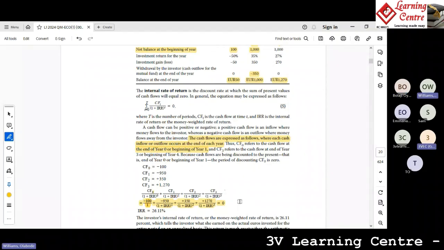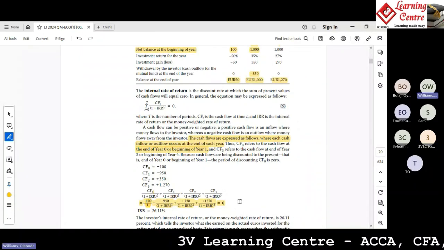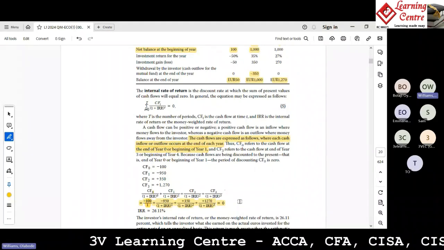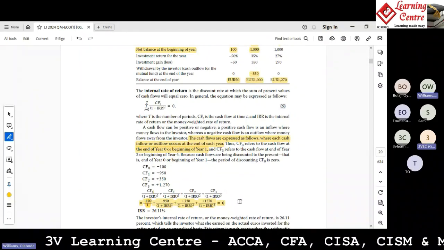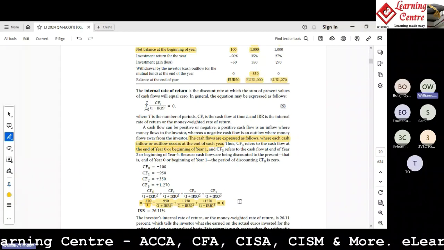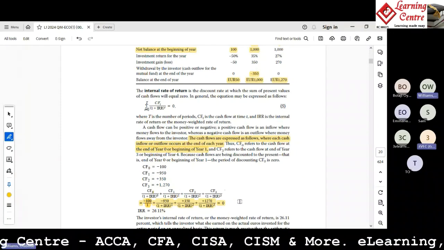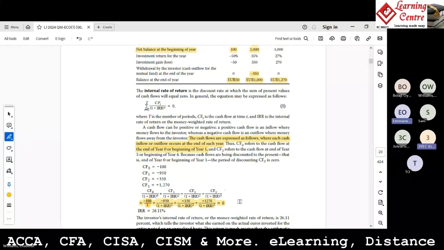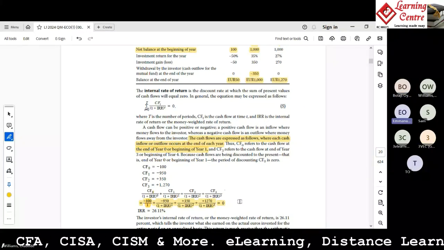Now that's 279 into bracket 30 minus 10. So you do 30 minus 10 in bracket beside 279. That is the numerator.